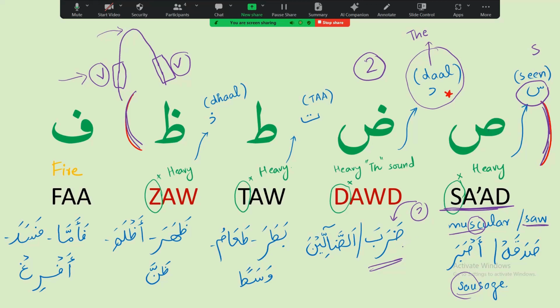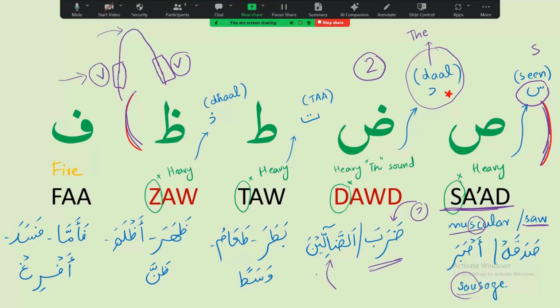The next example is from Surah Al-Fatiha. We are all familiar with this surah when we say it in Salah. At the end we say وَلَا الضَّالِّينَ.